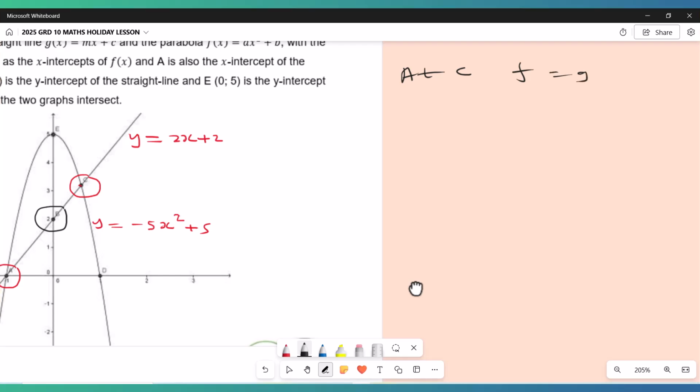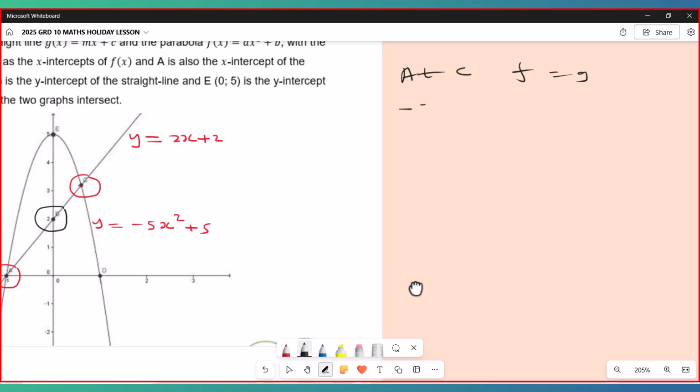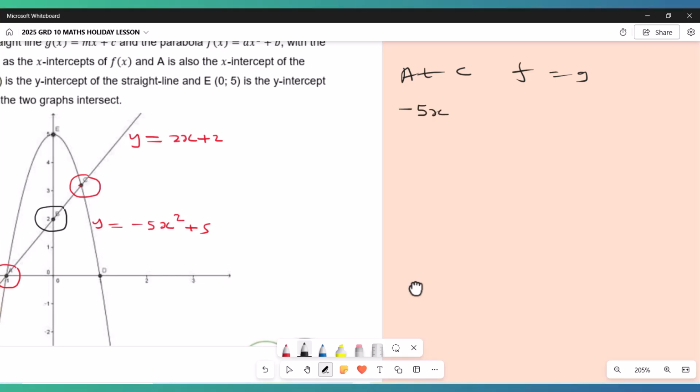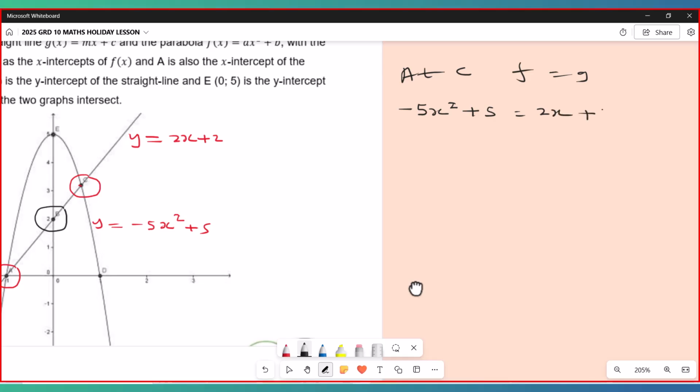Our f is the parabola, so I'm going to say negative 5x squared plus 5 equals 2x plus 2.